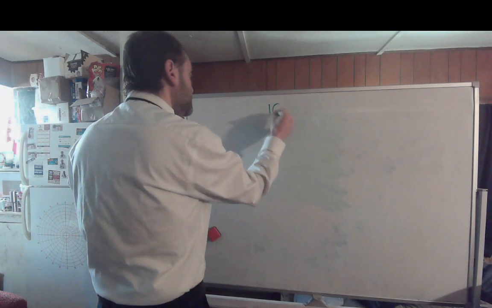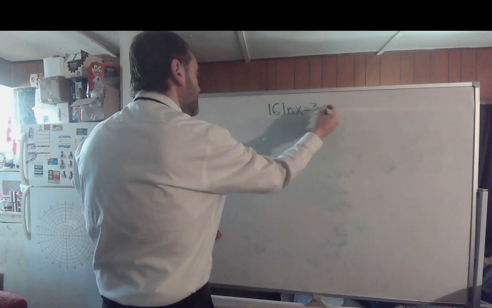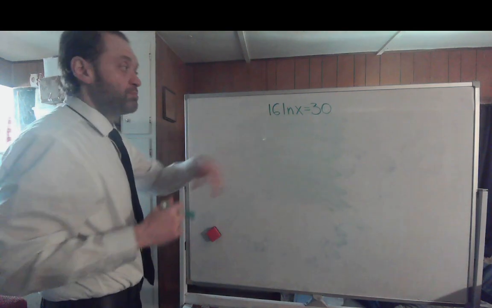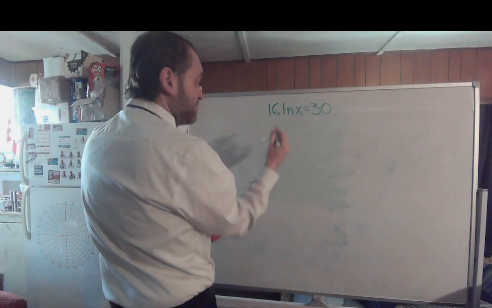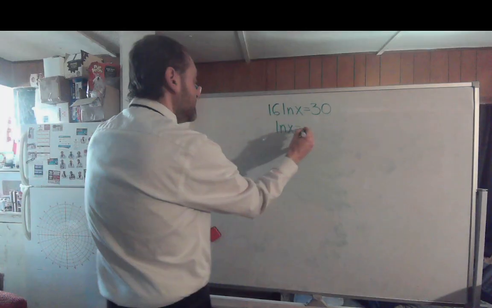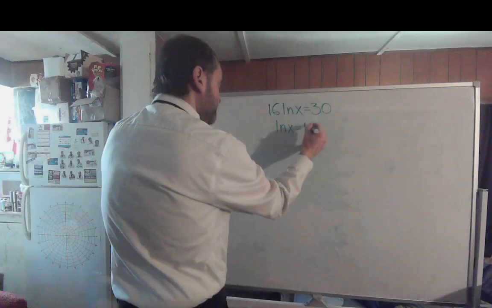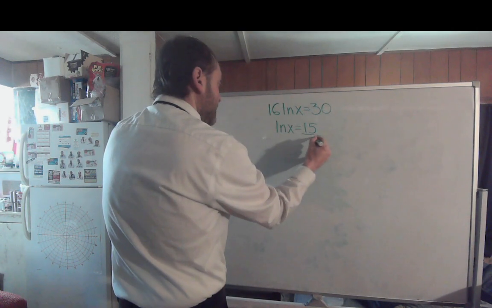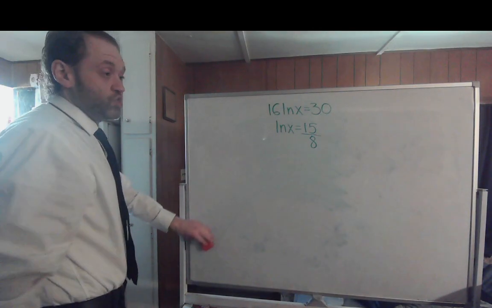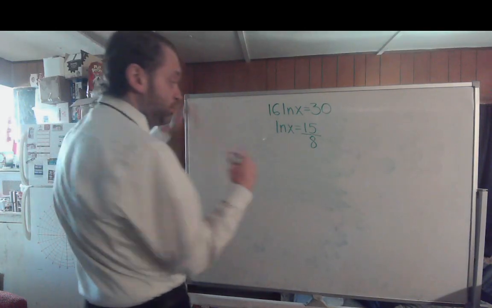Alright, 16 times the natural log of x equals 30. Well, we want to get the natural log of x by itself, so divide both sides by 16. You'll get the natural log of x equals 30 divided by 16, which is simply 15 divided by 8. If you want to solve for x, you have to take e to the power of both sides.